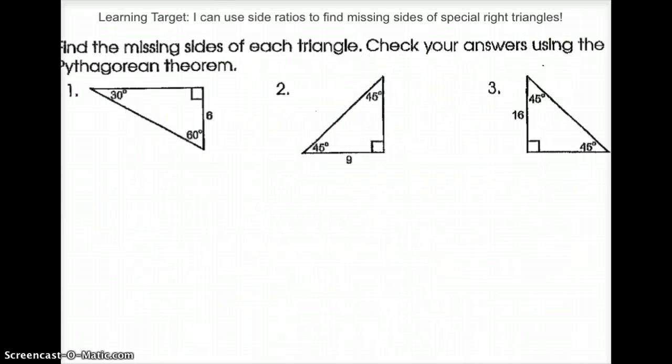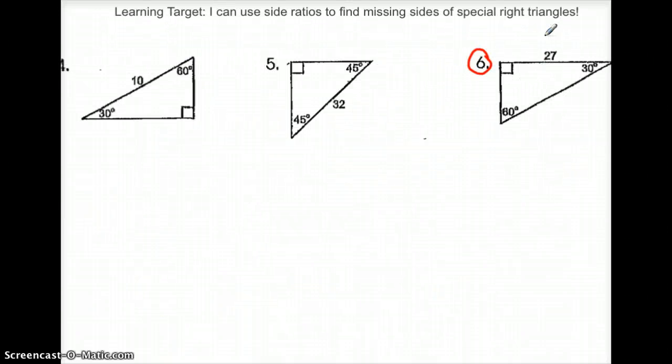Let's do a different one. Let's do number 6 here. The side opposite of 30 is the x side, which, man, that's not what I'm given. I'm given the long leg, which is equivalent to x radical 3. Okay, so x radical 3 is the side I'm working with, and I know that this equates to a 27.